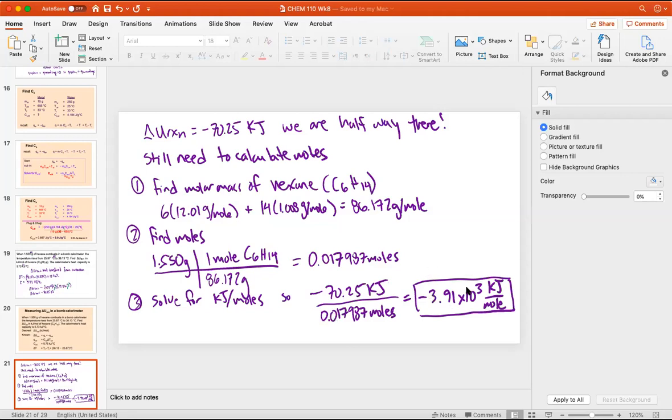That's going to give us the amount in kilojoules per mole of hexane. And that's going to be a really important way for us to approach solving these problems, is always to think about them on a per mole basis.